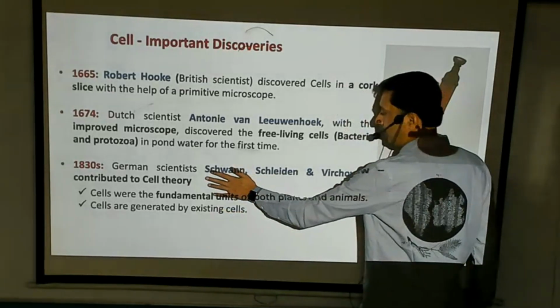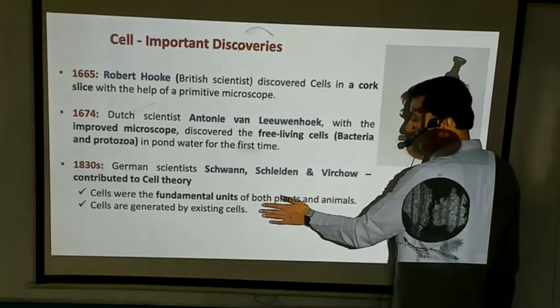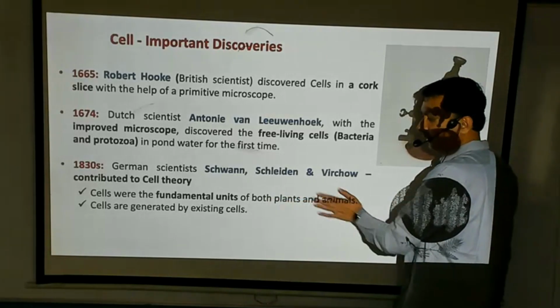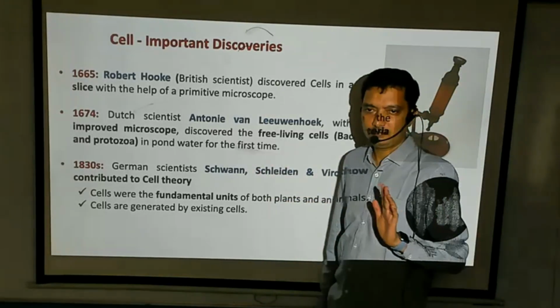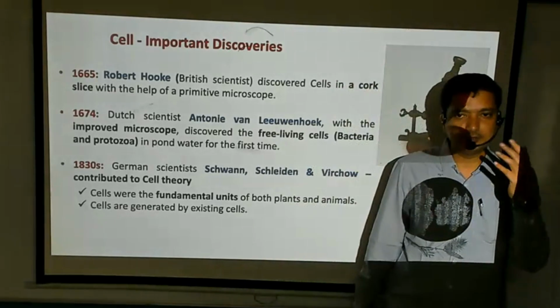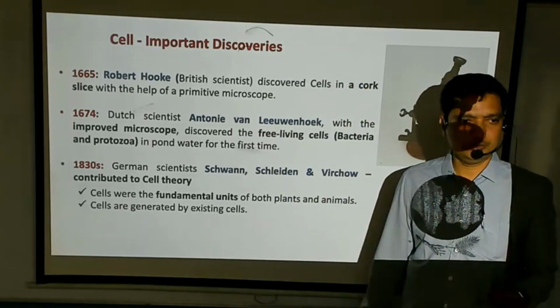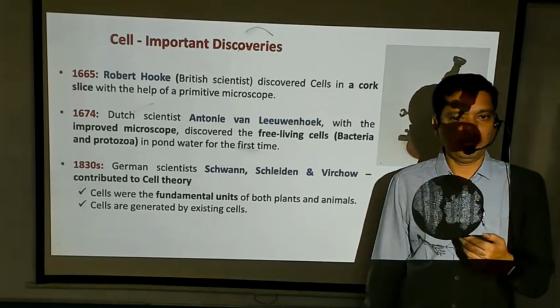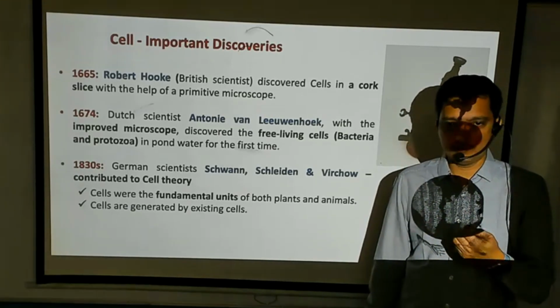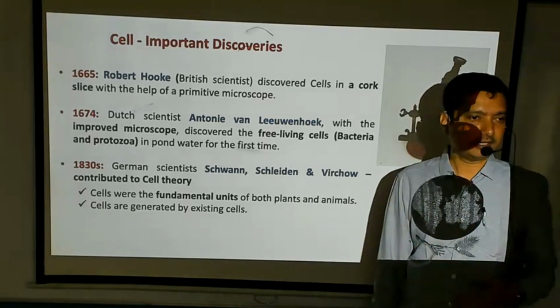These scientists, Schwann and Schleiden, studied plants and animals. And they came up with the idea, oh, looks like living organisms are made up of cells. This is called cell theory. Today it's a very obvious thing to us. But at that time, when they had no clue about what they were looking at and didn't have good tools, this was a big thing for them.